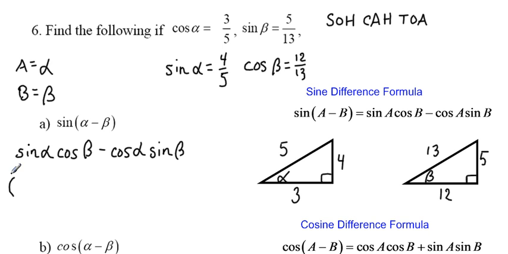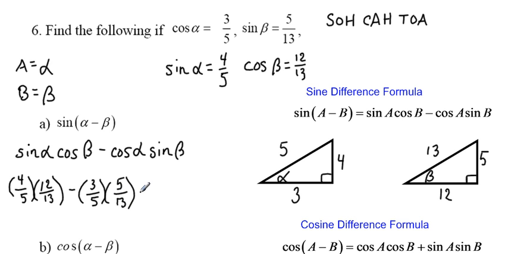First off, the sine of alpha we found to be 4/5. The cosine of beta we found to be 12/13 minus the cosine of alpha we were given as 3/5, and the sine of beta we were given as 5/13.